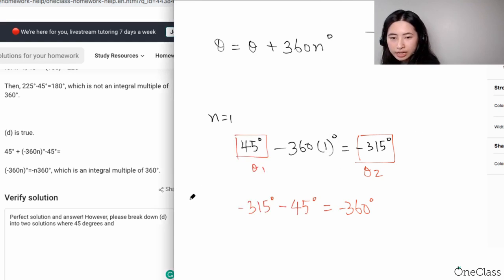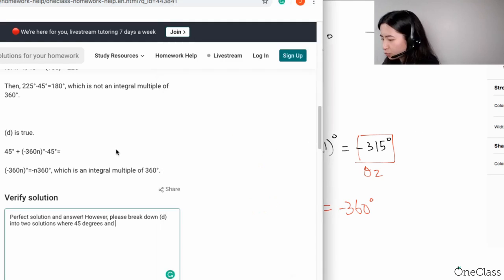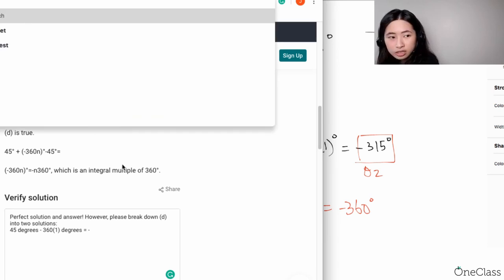Okay, so we said we wanted to have 45 degrees, two solutions. So this is the two solutions. We have 45 degrees, and then we have negative 360 times 1, and this is in degrees. So we're going to get negative 315.